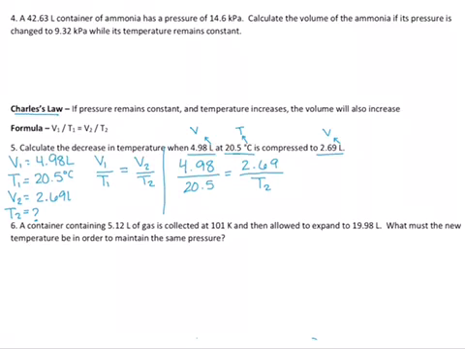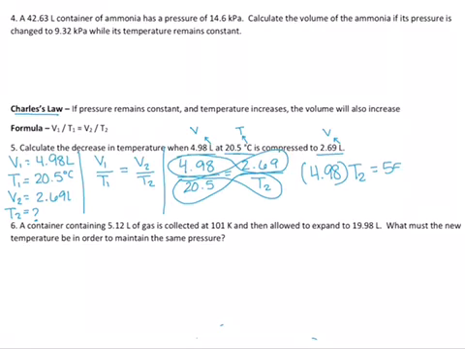Here we have some algebra to do, and I like to do the cross multiplying method. So 4.98 times T2 will equal whatever 2.69 times 20.5 is, and that we would get 55.145.